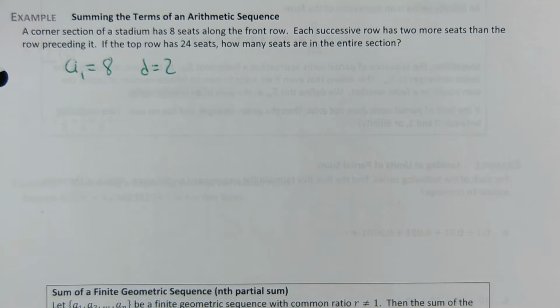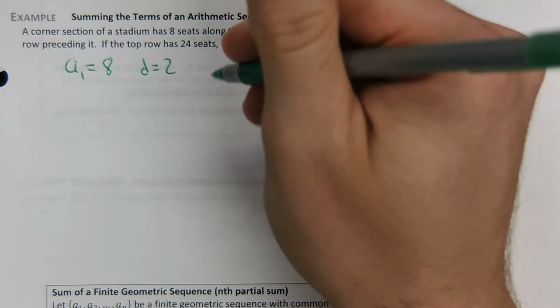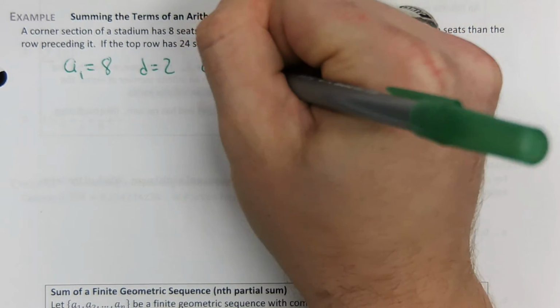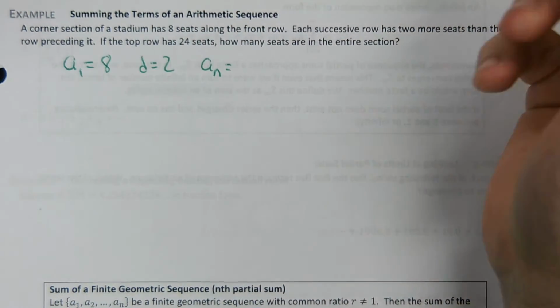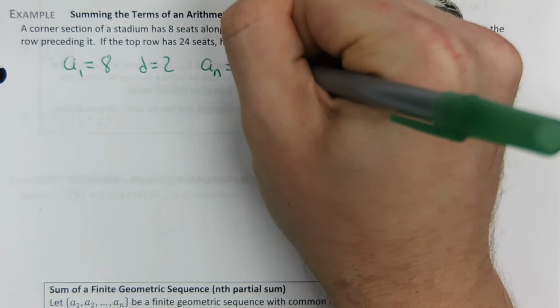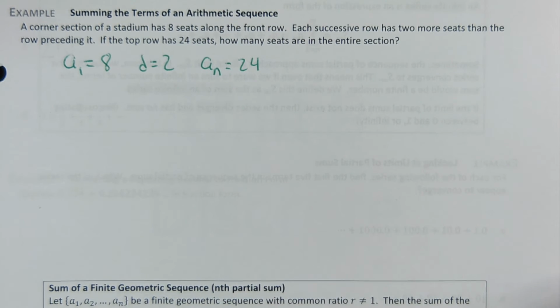What we don't know is how many rows we have. But we do know that the last row, however many rows that is, has 24 in it. So it just wants to know how many total seats there are.